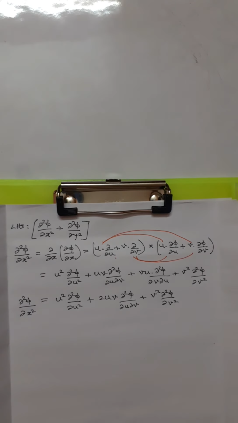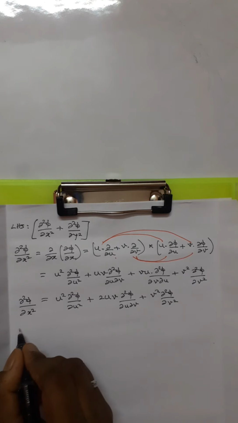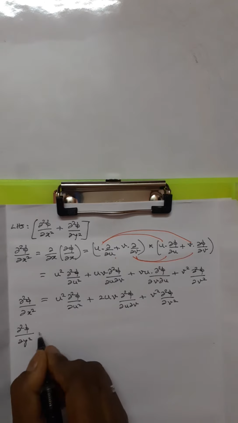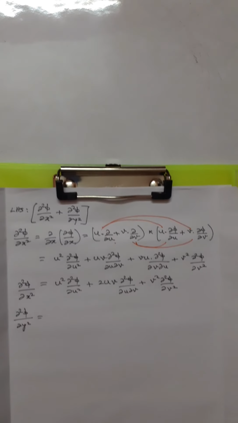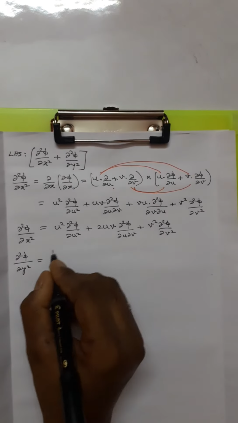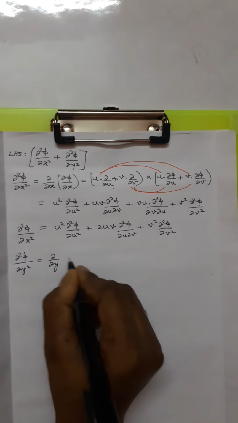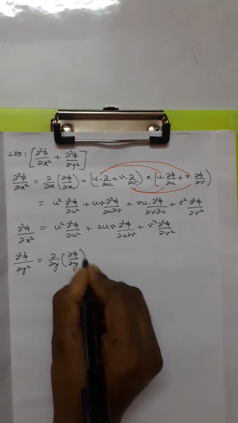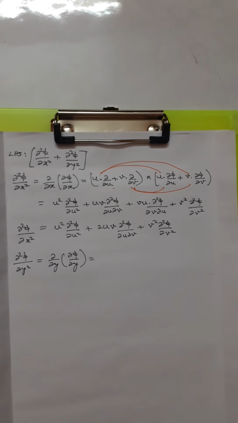Now the value of the second term, dou square phi by dou y square, following the same procedure. So dou by dou y of dou phi by dou y, and the values we have already found.